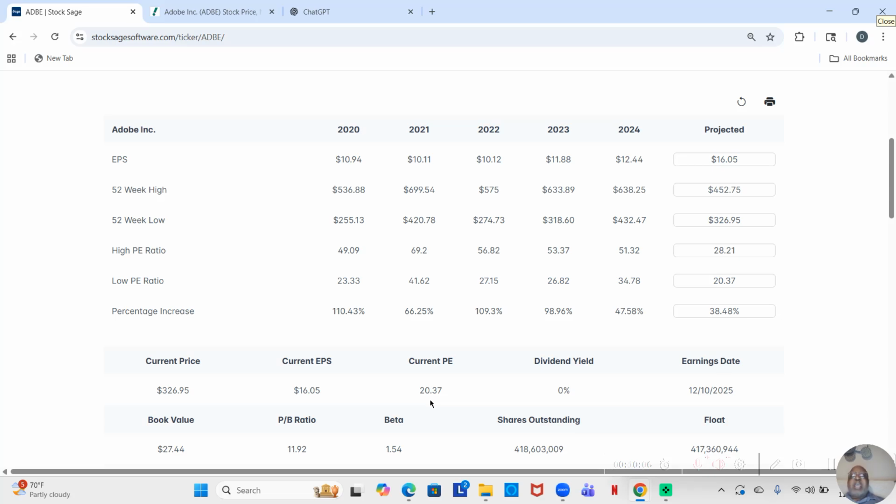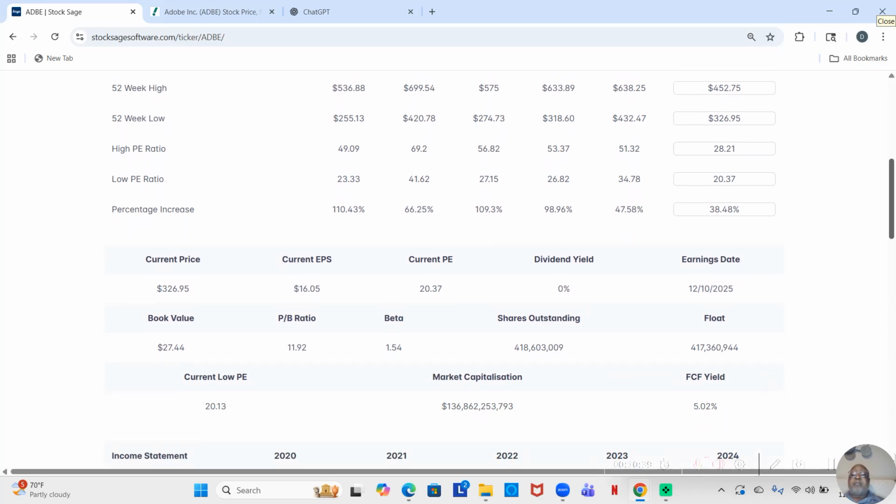Which means, can the stock drop further? Yes, it can. But is it possible that it's going to turn up at any time and start to move back up? It's highly possible because it's already at a lower PE than the lowest PE in the last 5 years, including the COVID lockdown year.